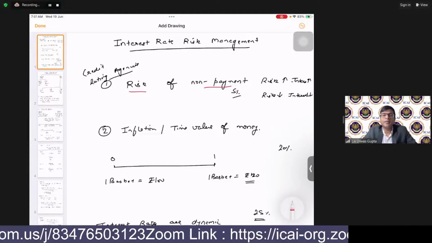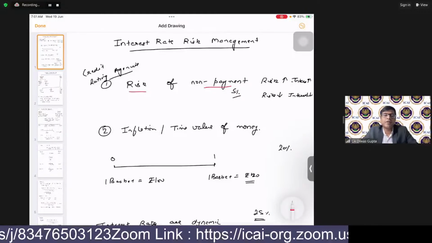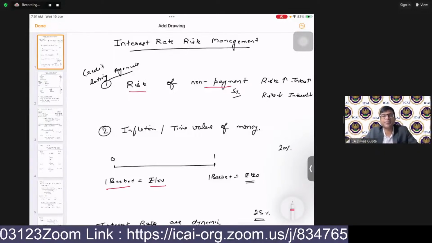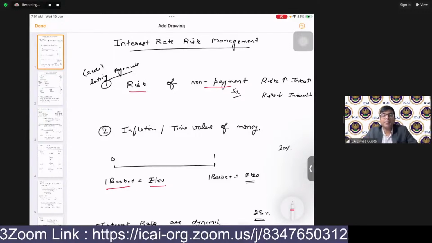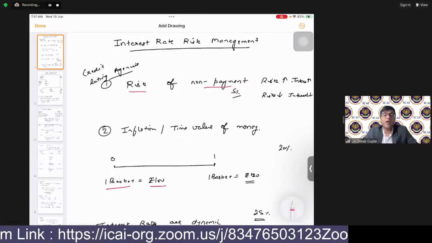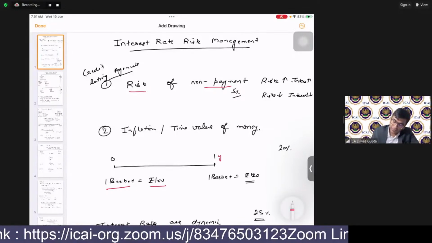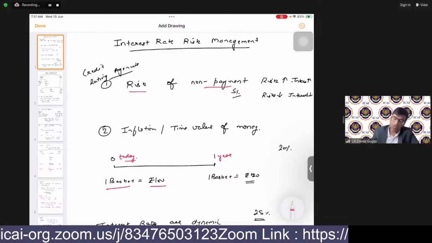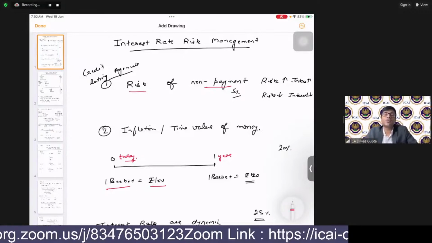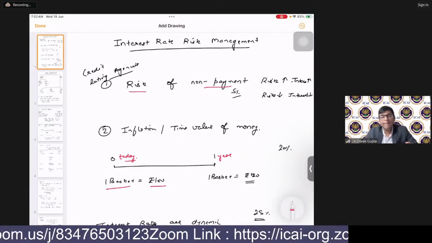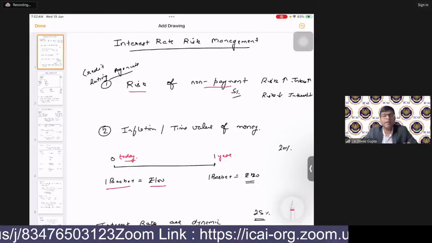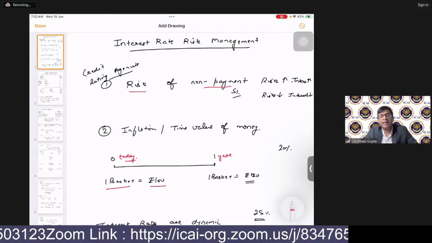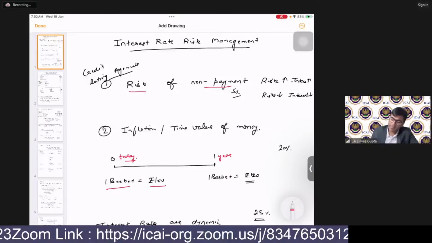For example, 100 rupees costs me one basket of standard products as of today. After 1 year from now, the same basket of goods, by which I mean the standard set of products, I'm keeping the products very much similar, might cost me any amount other than 100. In this example, we have taken 120.